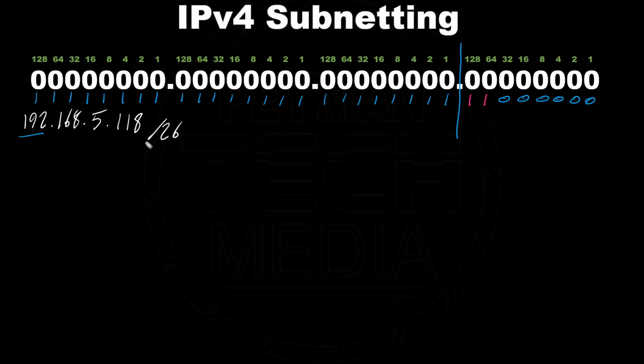But with the 26, when we count left to right, 26 ones, these are representing the network bits, and zeros representing the host bits. So if we draw a line between all the ones and zeros, here is our cut line for our subnet. Therefore, all these ones are network bits, so our subnet bits, and these zeros are our host bits.